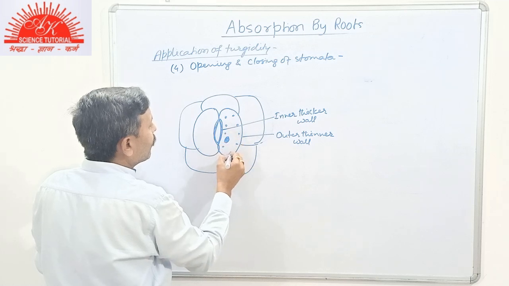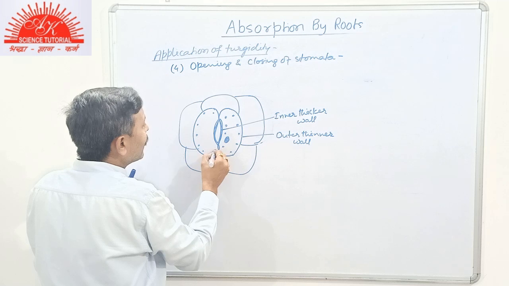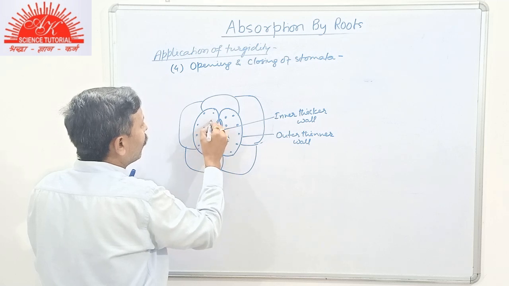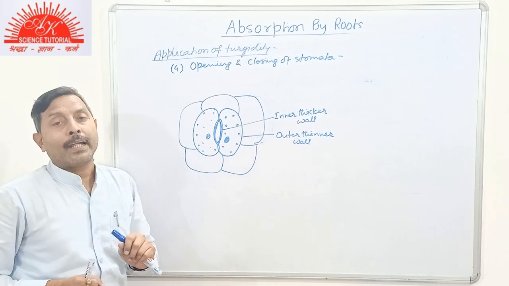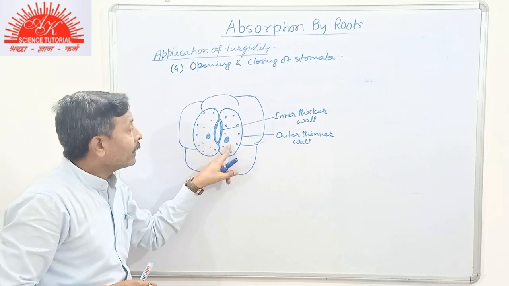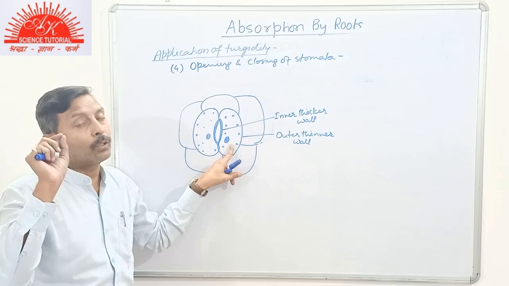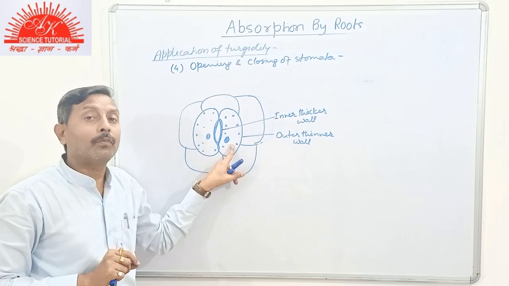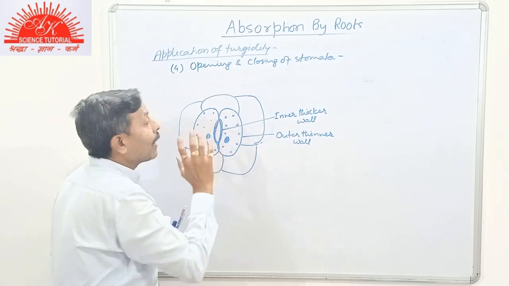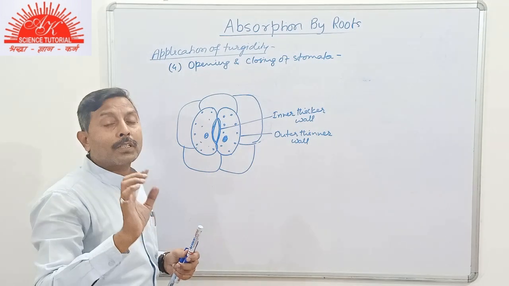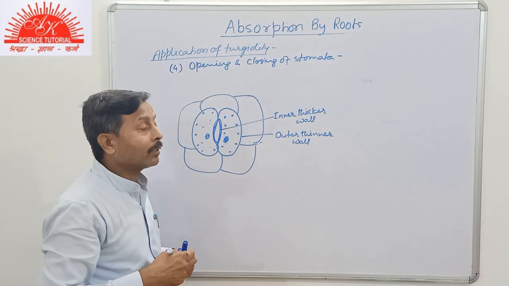So on the surface of the leaf, that is in the epidermis, only guard cells contain chloroplasts, not the other epidermal cells. So during the daytime, photosynthesis takes place in the guard cells, producing glucose, which is soluble in water, due to which the cell sap of the guard cell becomes hypertonic with respect to the surrounding cell.